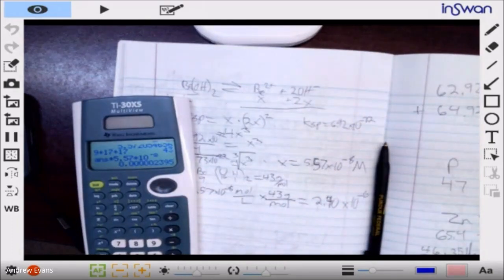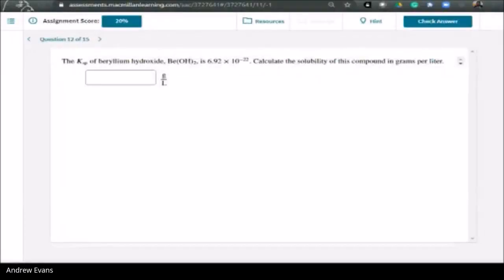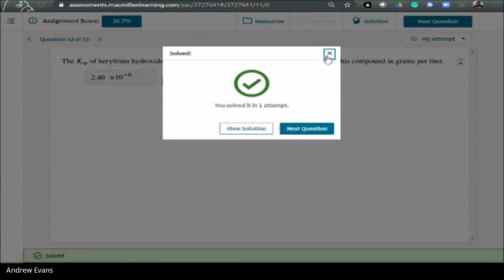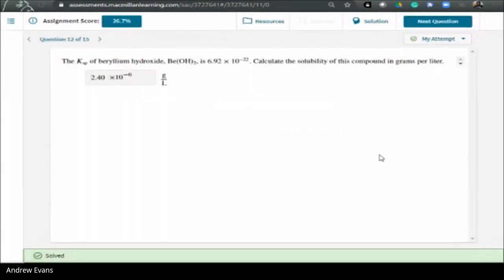So I have 2.40 times 10 to the negative 6th as my mass. So that one you just do like any other KSP, but you have to turn it into grams instead of leaving it as moles at the end.